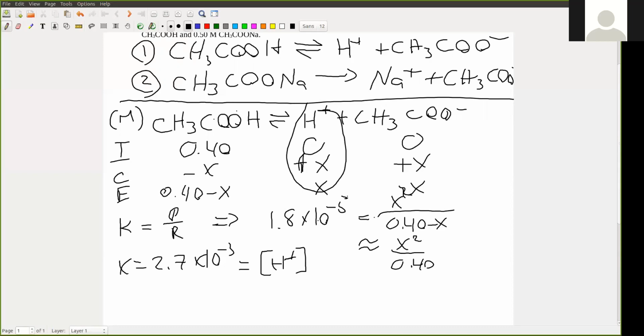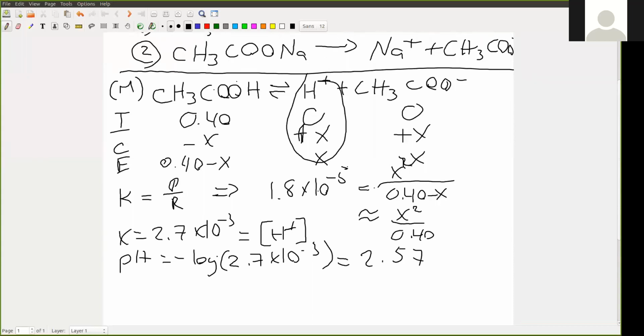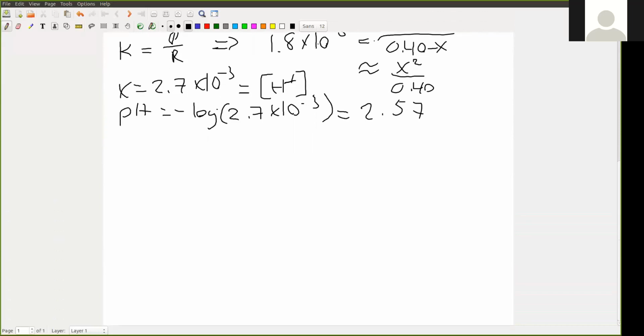So to get the pH of this one, we just simply take the negative log of the proton concentration, which is 2.7 times 10 to the minus 3 molar, and we get a pH of 2.57. Pretty acidic. Now let's see what happens when we include our common ion.